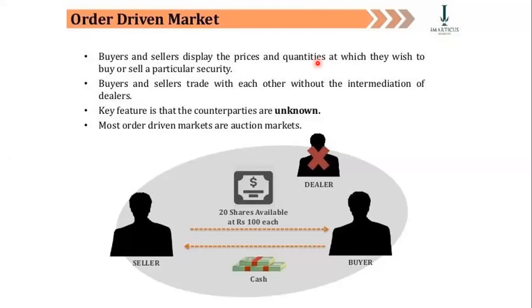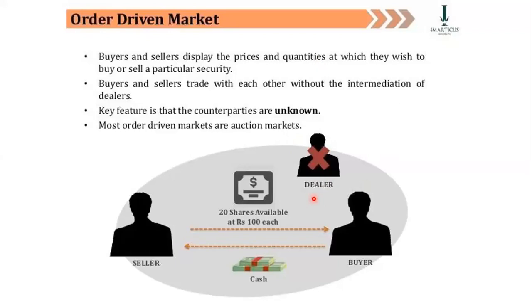The buyer and seller trade with each other without intermediation of dealers. So in the order driven market, there is no space for dealers, there are no brokers. The sellers and buyers can do the transaction with each other mutually, right? So there is no space for dealers.